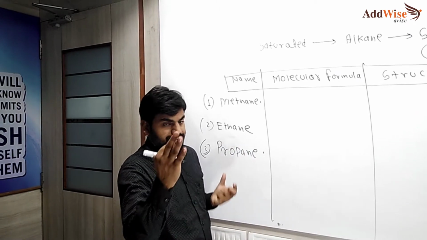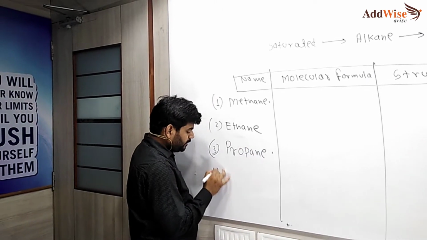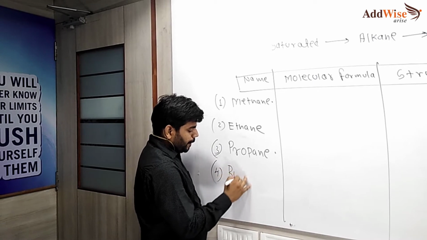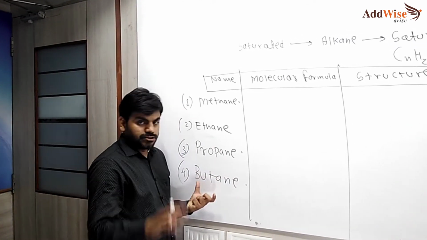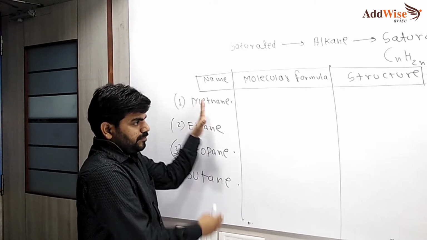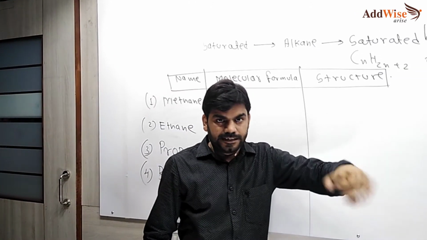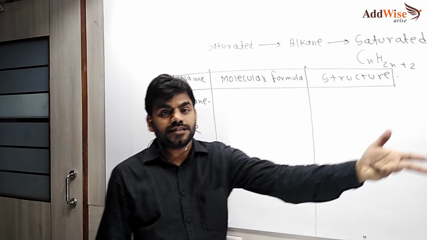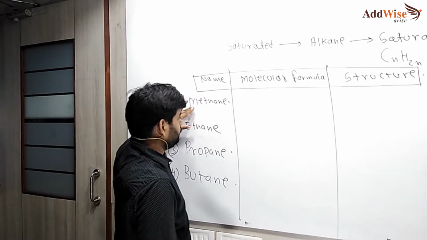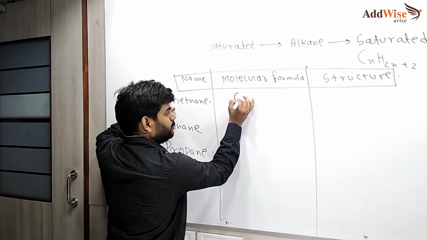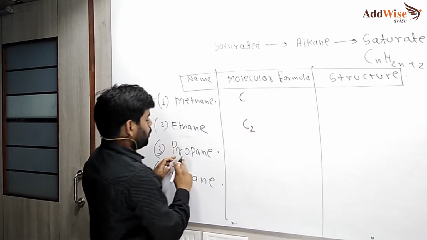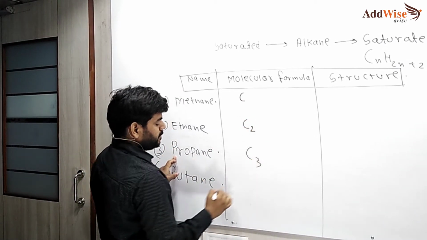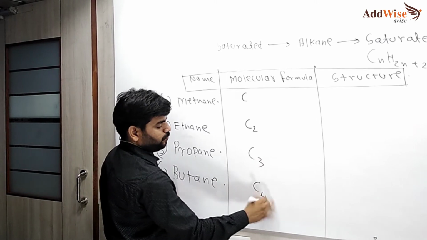Prop means 3. And the fourth example will be butane. But means 4. So first 4 examples I will draw here, then the next 4, and after that the remaining examples. Methane means only 1 carbon, ethane means 2 carbon, propane means 3 carbon, and butane means 4 carbon.